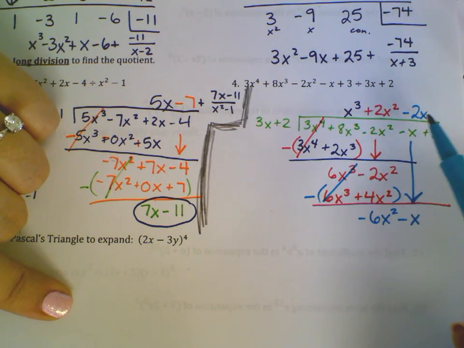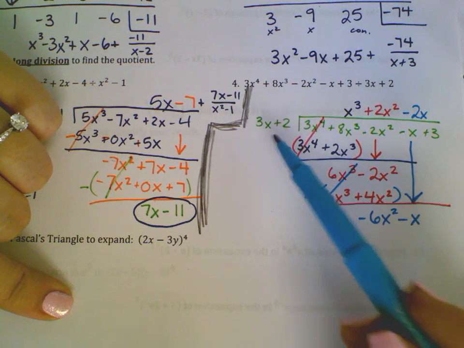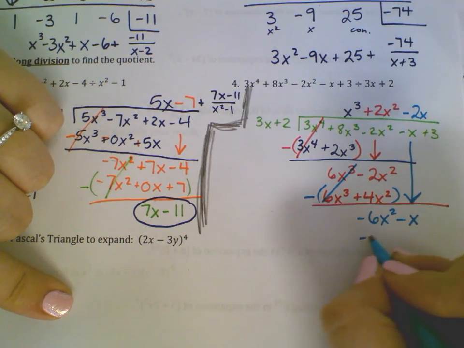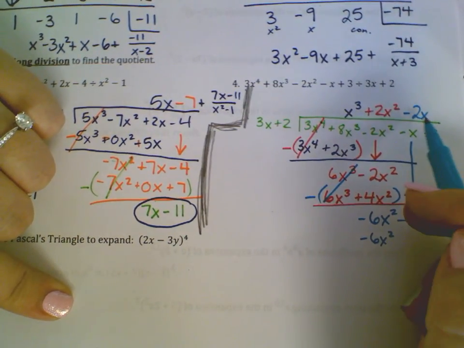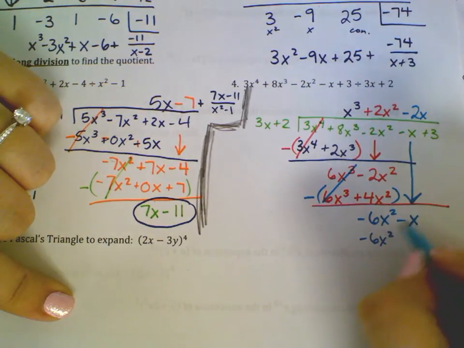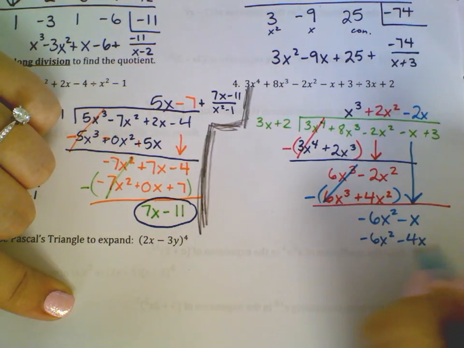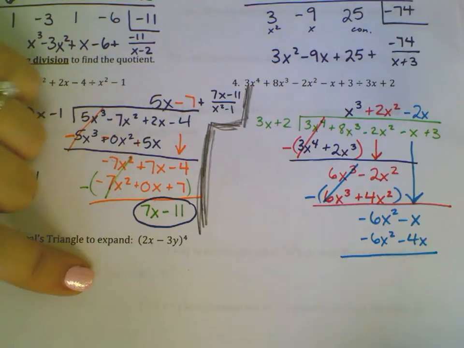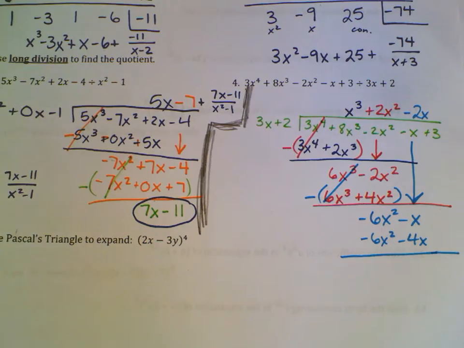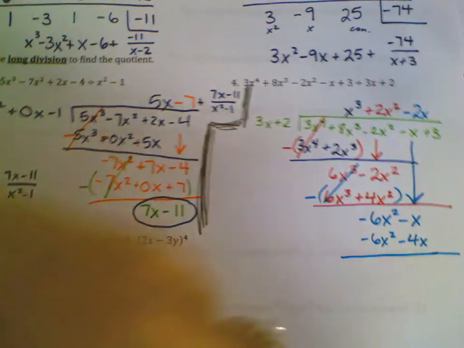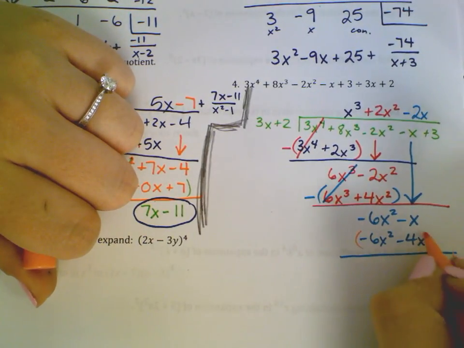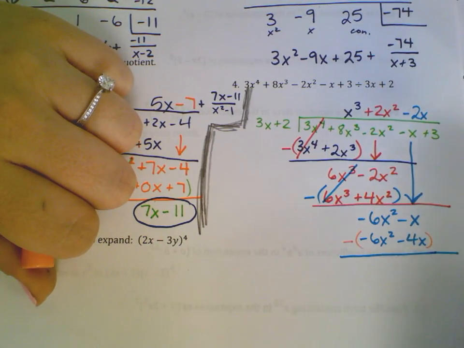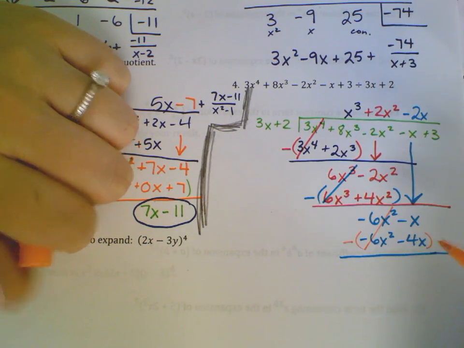So now negative 2x times 3x gives me negative 6x squared. And negative 2x times 2 gives me negative 4x. I will subtract negative 6x squared minus a negative 6x squared. Those cancel each other out.